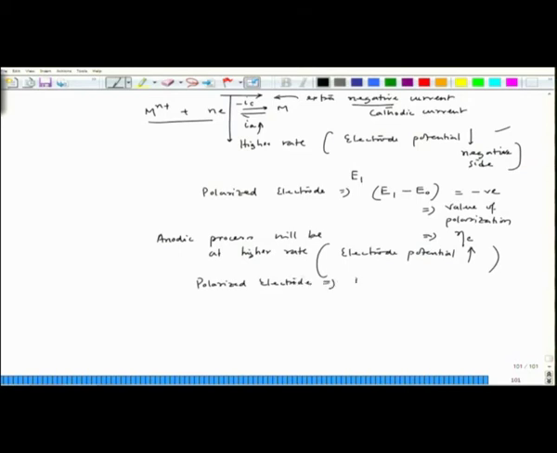That time if the potential goes to E 2, so E 2 minus E 0 is a positive quantity, since the potential has moved to the positive side, because we are actually taking this oxidation process at a much higher rate. So, this becomes the value of polarization.